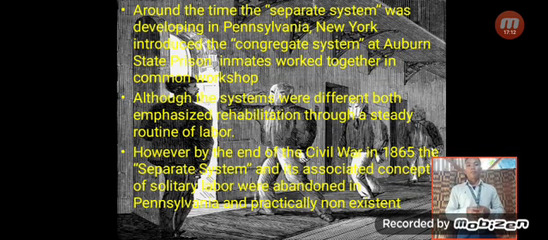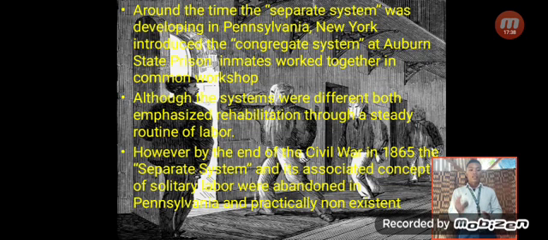Around the time the separate system was developed in Pennsylvania, New York introduced the congregate system at the Auburn State Prison, where inmates worked together in a common workshop. The opponents of the Pennsylvania separate system criticized that it did not use power machinery and was therefore not as productive.